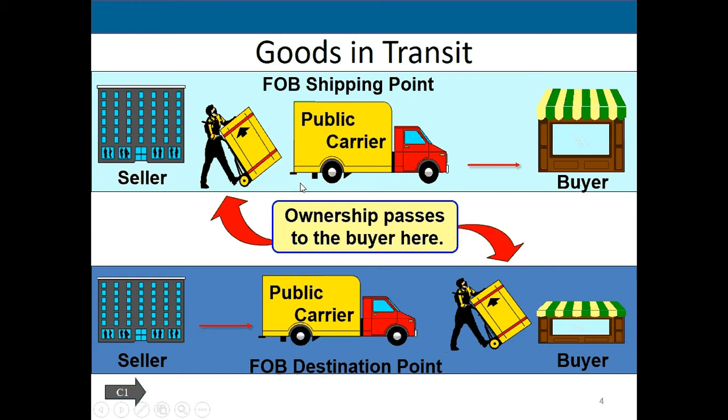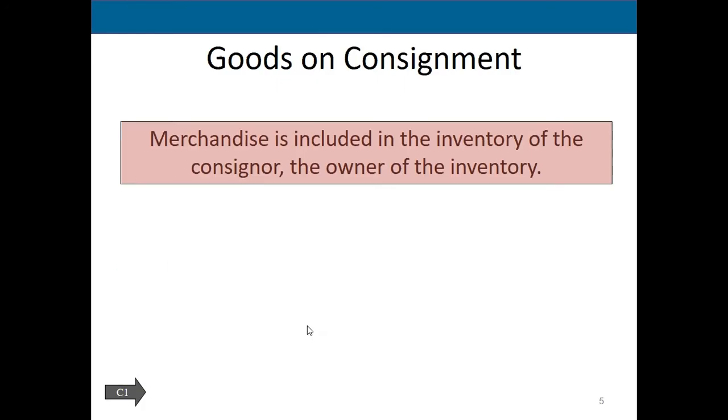When we were talking about merchandising, the difference here is how do we value inventory, and we would have to take care of this transportation cost as a part of our inventory value under FOB shipping point. But transportation cost under FOB destination is simply a freight expense, not a part of the cost of inventory.